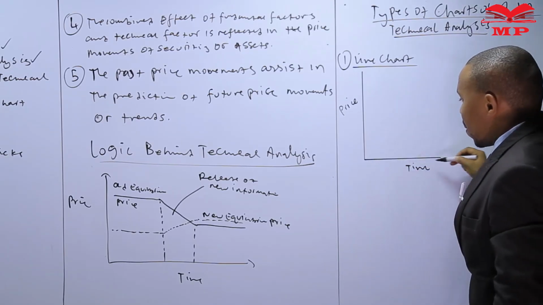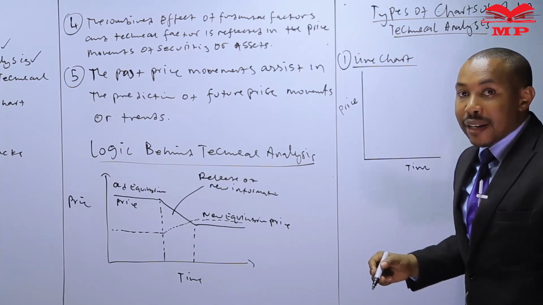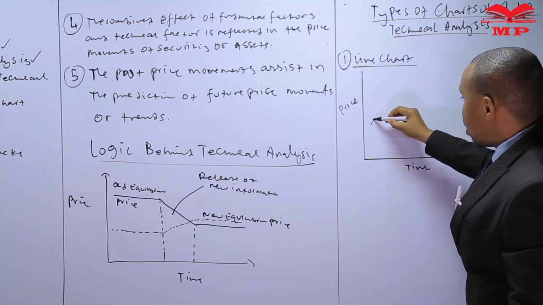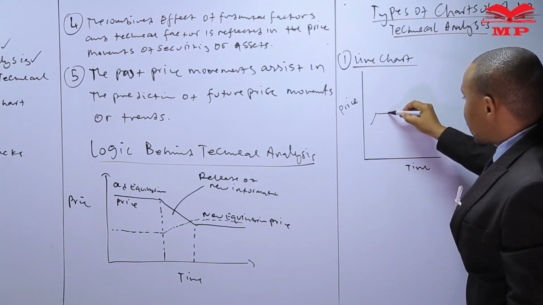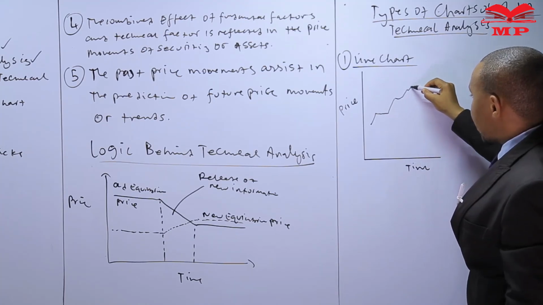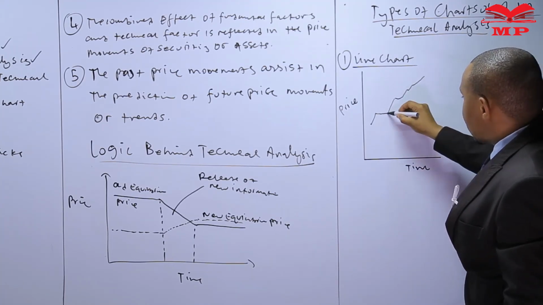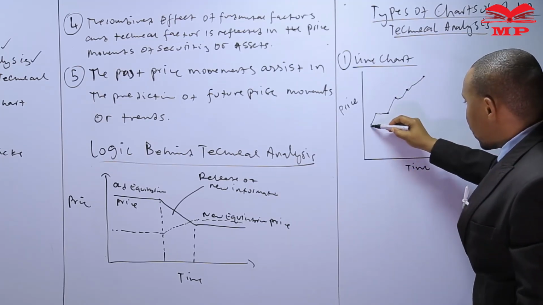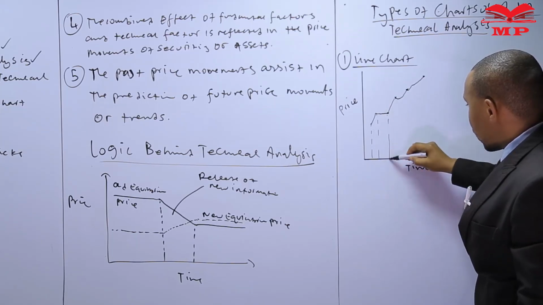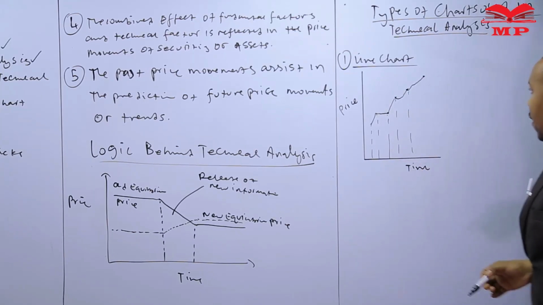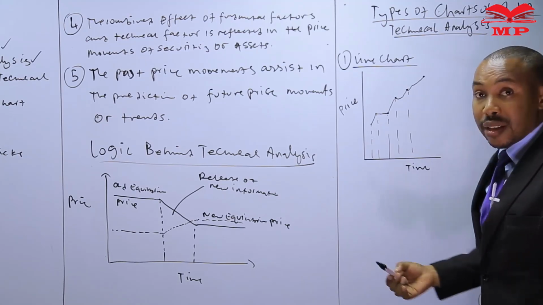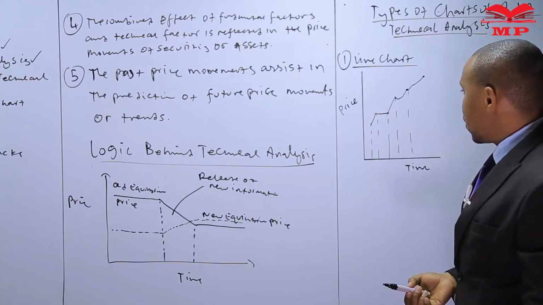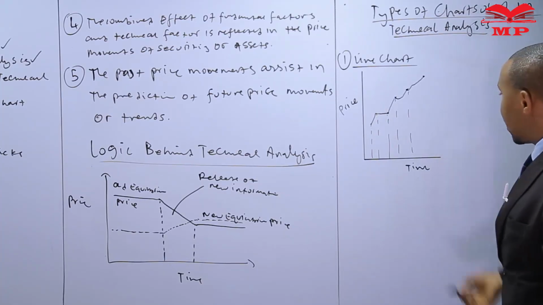And as time goes by, the forces of demand and supply change the price of the security or the asset. So you can begin there, it moves there like that, it moves down like that, moves up like that. So we are saying this is a line chart, indicating this as time is moving. This part over here is different from this part, it's different from here, and so on and so forth. That is what you're saying is a line chart. You just plot the prices against the time, or as time moves on, you plot the security and price pattern. So this is a line chart there.